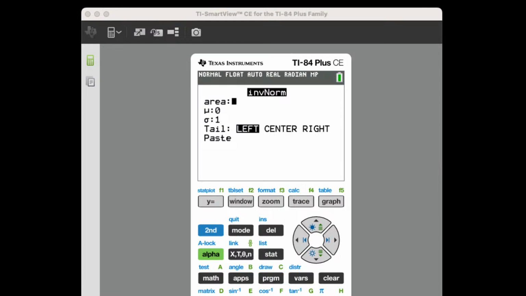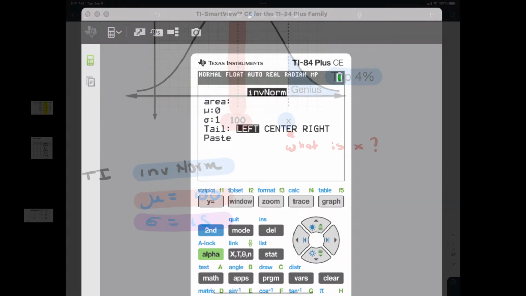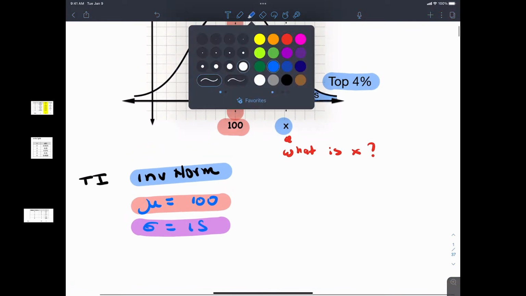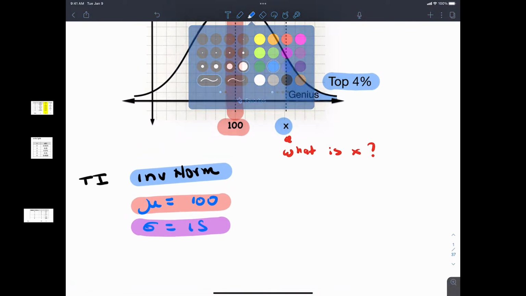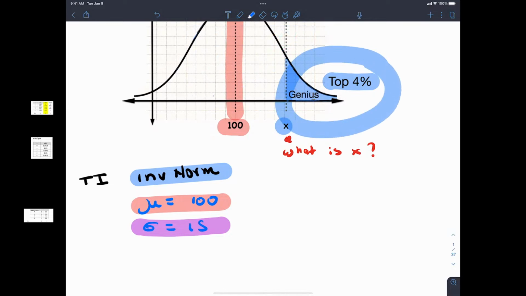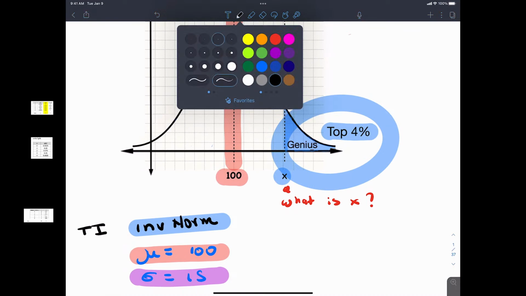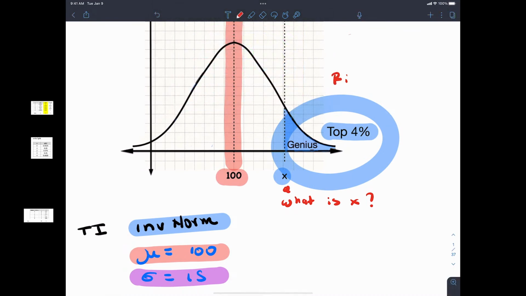Area. Okay. So if I go back to my picture here, top 4%, we're going to use this TI here. First of all, this is a right tail. And this measures what? 4%.